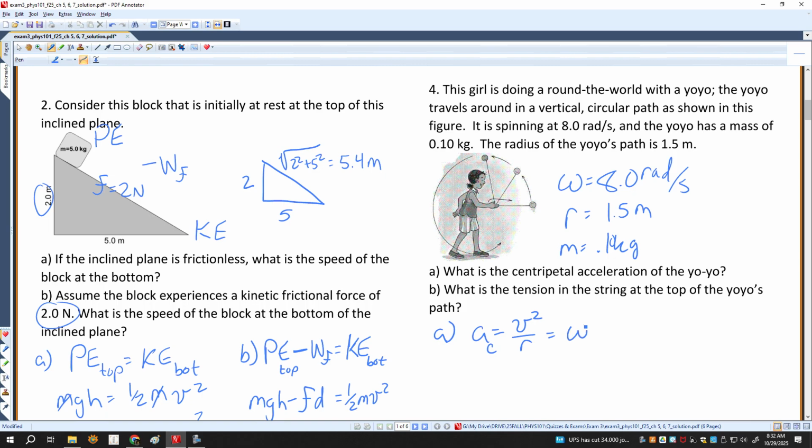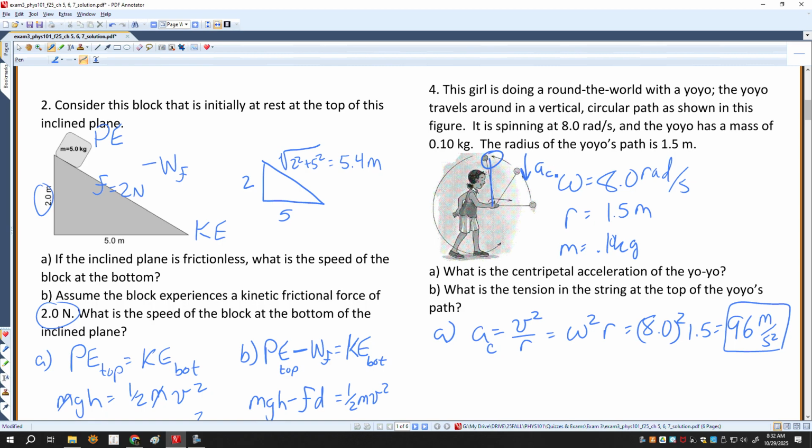Since I know omega, that's just omega squared r, so that's 8.0 squared times r, 1.5, that's 64 plus 32 is 96 meters per second squared. That's the centripetal acceleration.